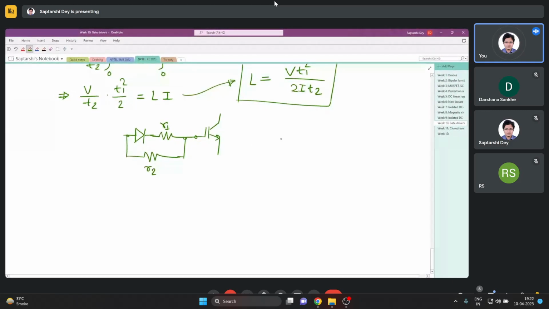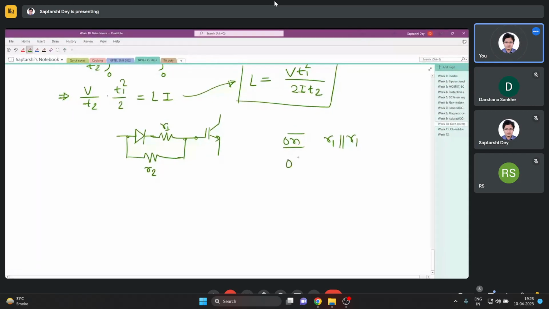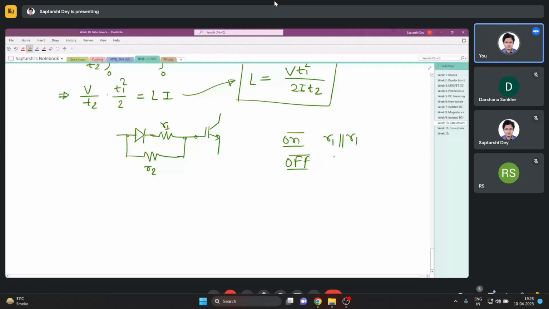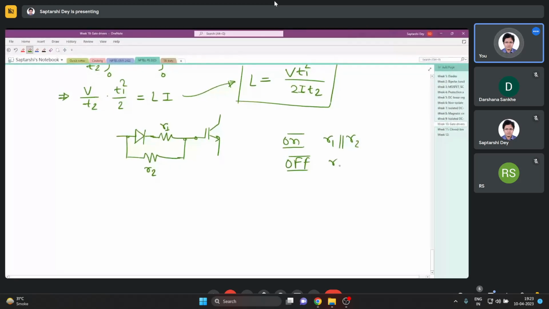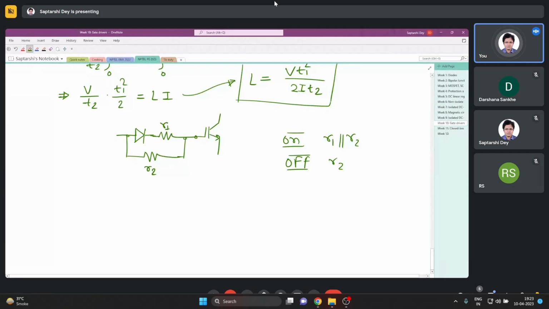So when you are turning it on, the effective gate resistance becomes R1 parallel R2, while turning it off, the effective gate resistance becomes only R2. So your turn off resistance is larger than turn on, so your switch turns on faster than it turns off.